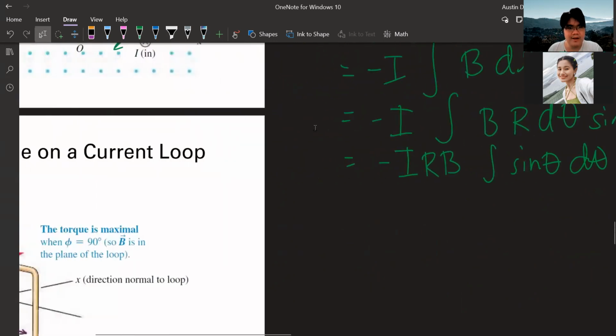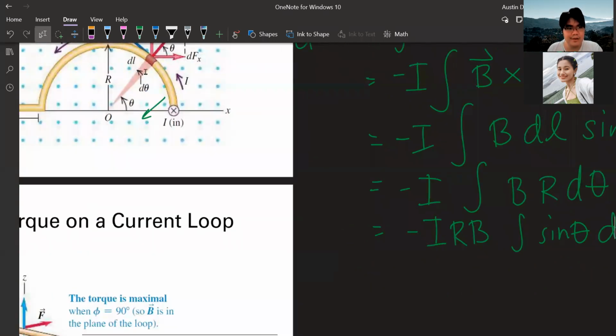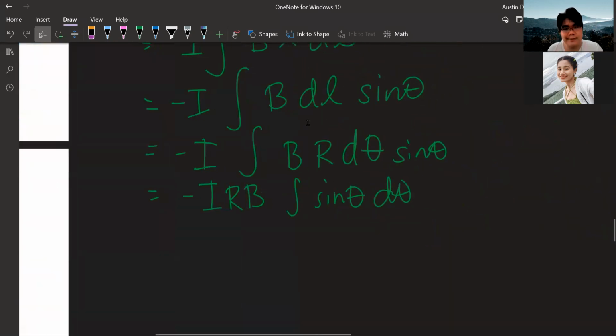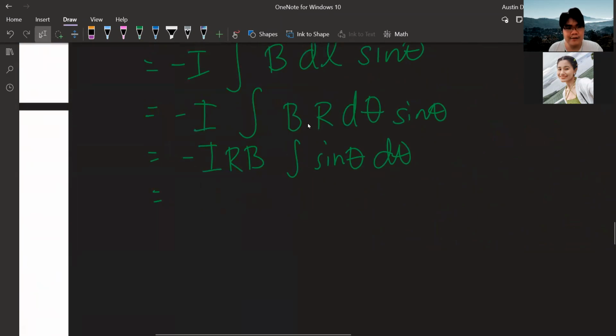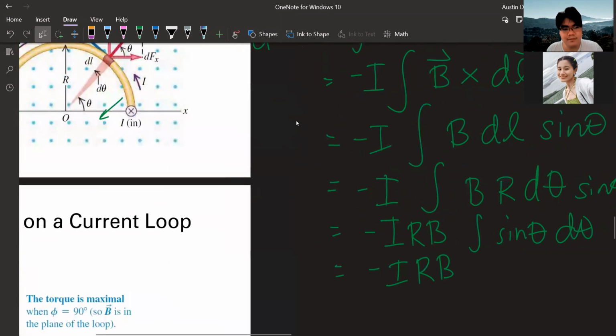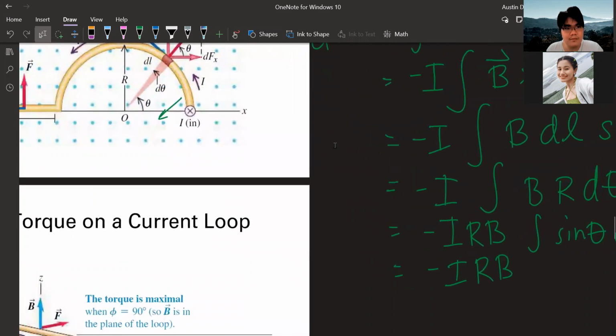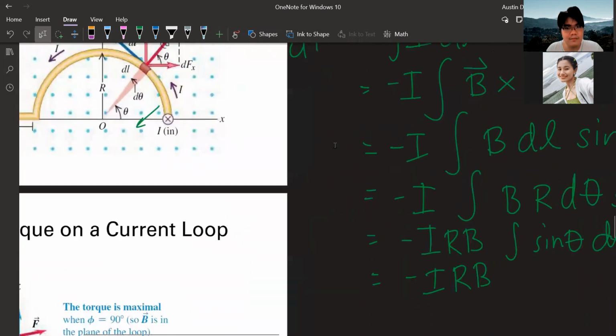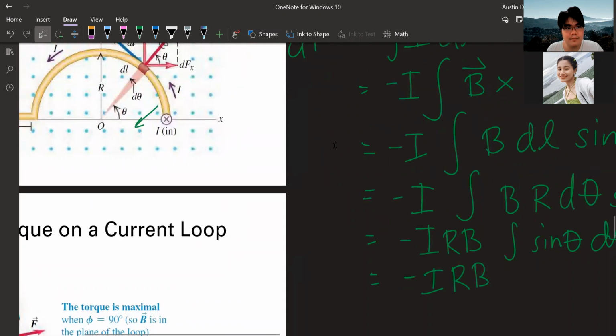Okay, and then from here, our theta goes from 0 to, what is this? Pi. Okay, 0 to pi. Therefore, I have negative I R B. Okay.